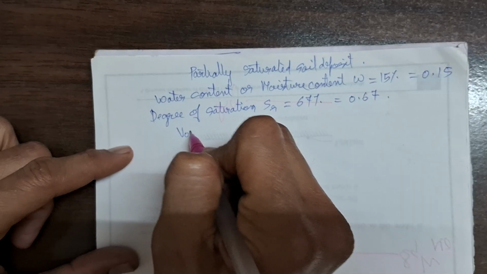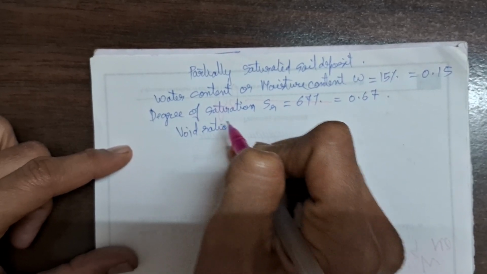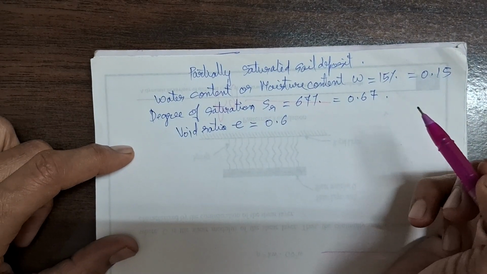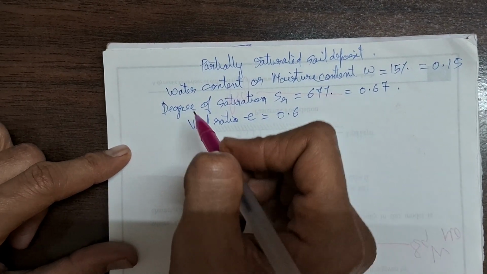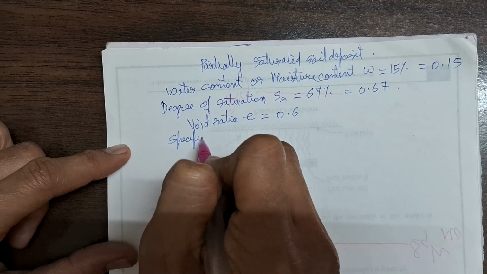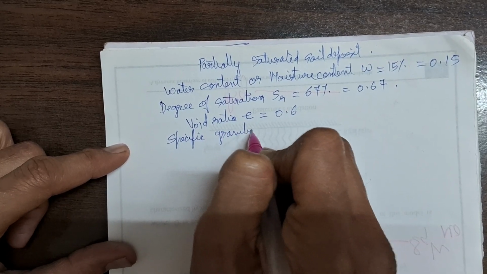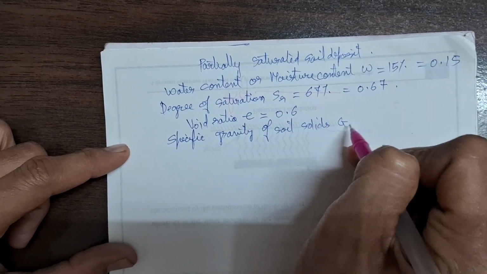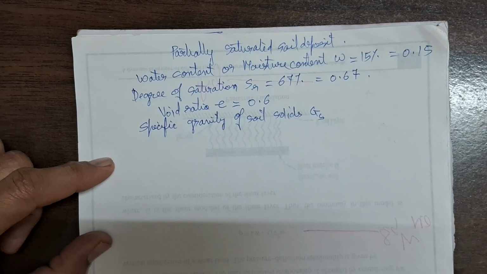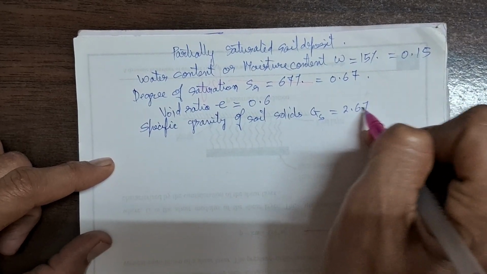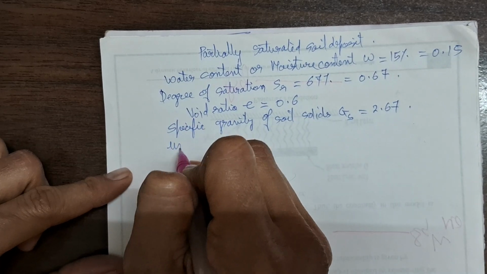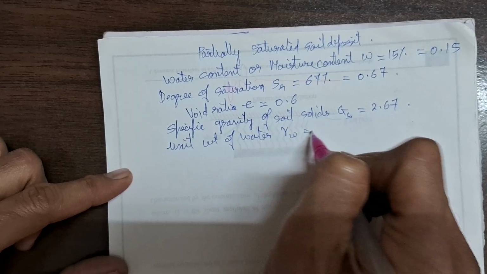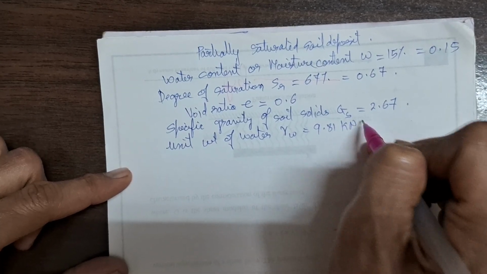Void ratio e, they have directly given it as 0.6. Specific gravity of soil solids, so that's why Gs, that is 2.67. And unit weight of water, that is gamma w, is equal to 9.81 kilonewton per meter cube.